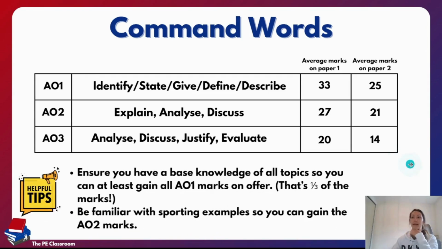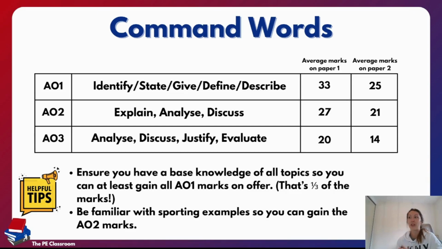So just from this you can see that essentially if you have a base knowledge, so you are able to recall facts, state things, describe things, and you just have a range of knowledge throughout all of your topics, there are approximately 33 marks up for grabs.